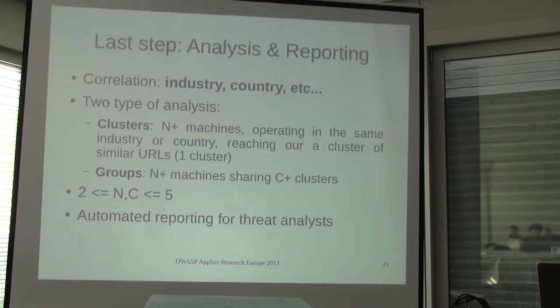For example, because they might contain machines that all operate in the same industry. It might be, for example, government. So I might ask for all those clusters that involve machines in the government, or maybe in the German government. So I can really look for those threats, infections, and attacks that are targeted only at a particular organization or group of organizations, or only a particular industry.